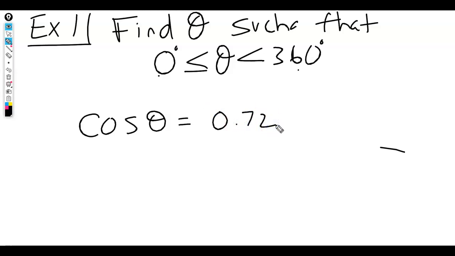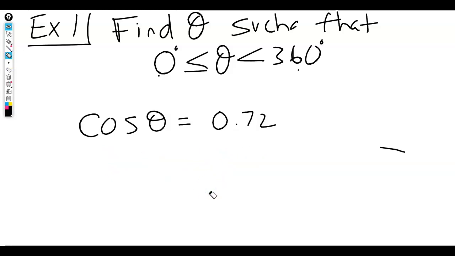So that's kind of a strange number there, right? It's not one of our special numbers on our unit circle, but we do know that cosine is the x value, right? So basically, we want to know where is the x coordinate equal to about 0.72. Well, this strategy here is not going to be too terribly helpful to us at the moment.